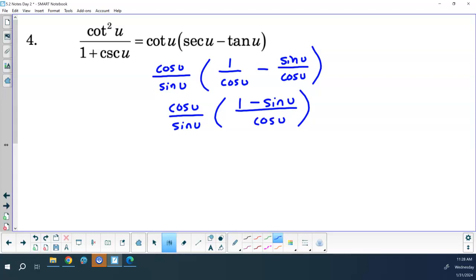What do you really, really want to do right now? We really want to distribute, but what's going to happen if we distribute? No. Nope. Because it's 1 minus sine squared is cosine squared.